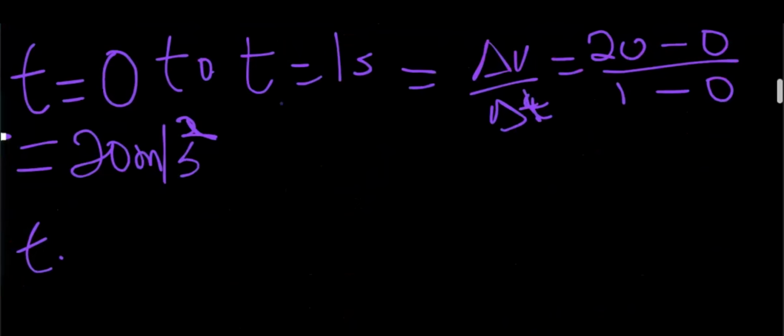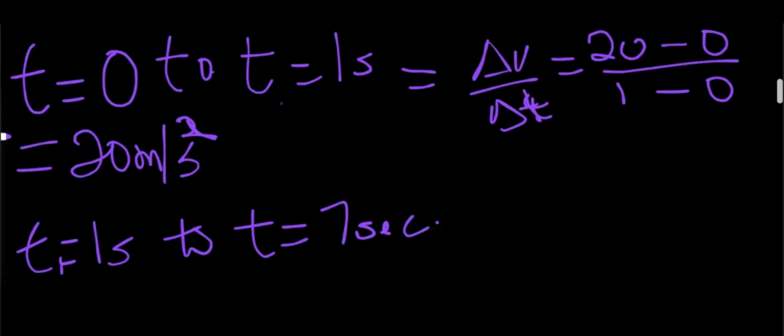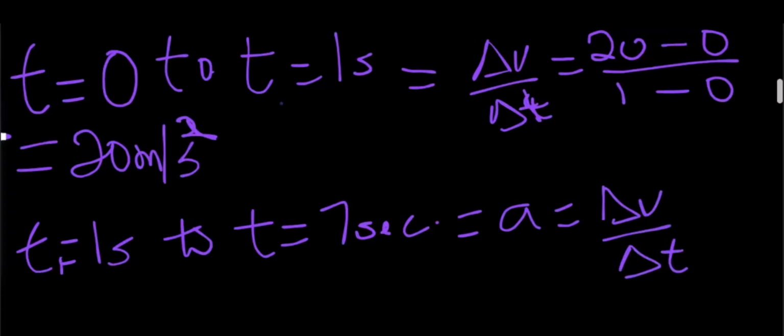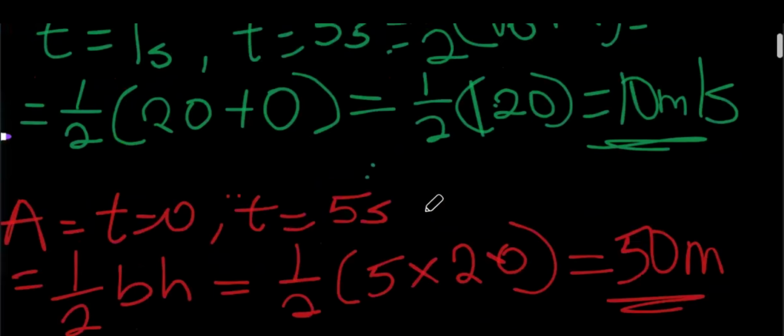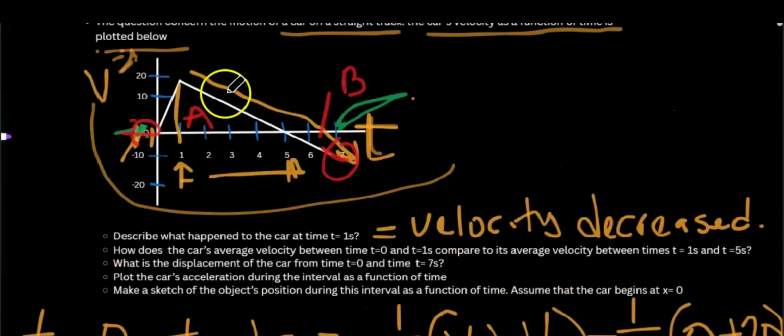From t equals 1 second to t equals 7 seconds, we have a slope where a equals dv/dt.